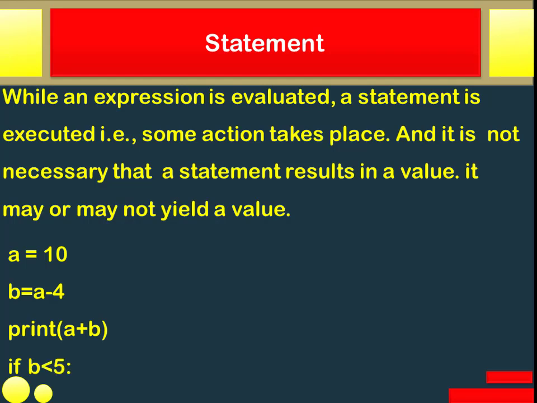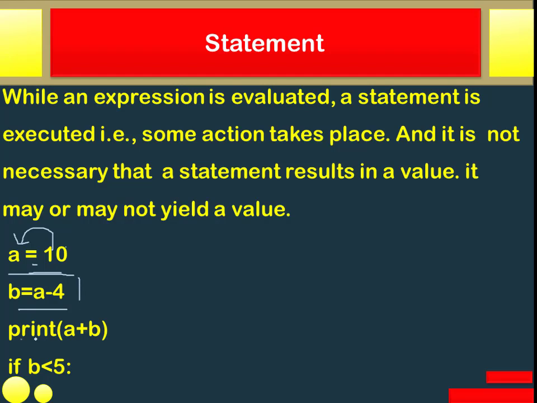Here you can see there is one statement, a is equal to 10. What is happening here? This is the assignment operator, which I have already shown you. This 10 is assigned to a. So no value is produced here. Only something happened, but no value is produced. Here also b is equal to a minus 4. The action is taken, but the value is not produced.